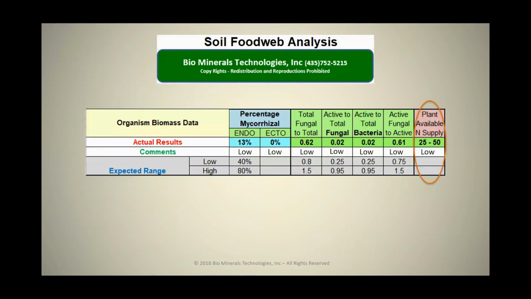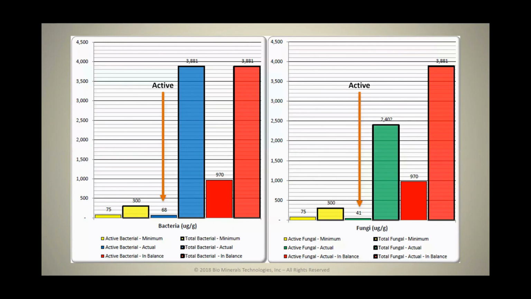So let's go into when we have very little active fungi, active bacteria, we have very little nitrogen production, 25 to 50 pounds of nitrogen being produced here. And so when you look at the scale, our row crops, what we grow, need to be 1-to-1 for bacteria to fungi.